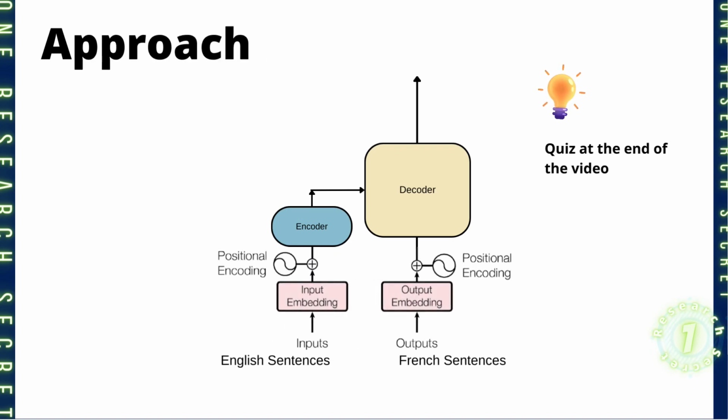The entire French sentence is not given. Only the words before the French word to be predicted are given. This technique is done using the masked multi-head attention layer in the decoder block.